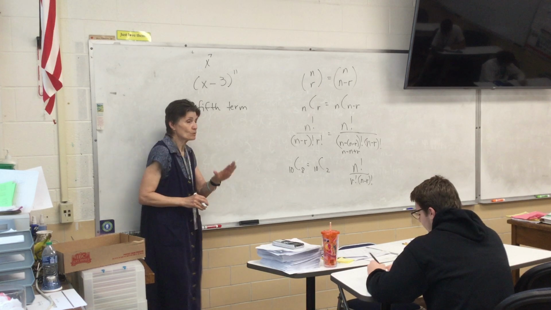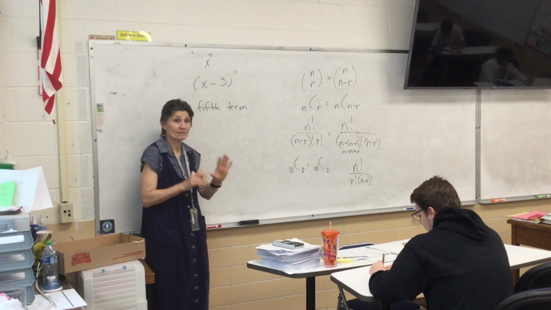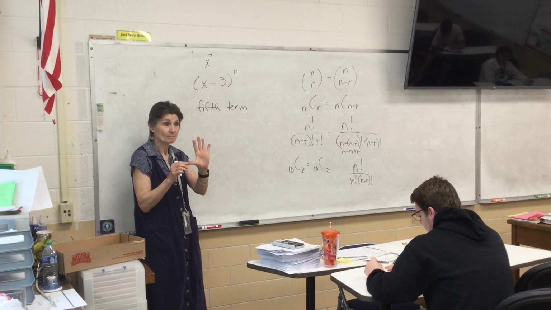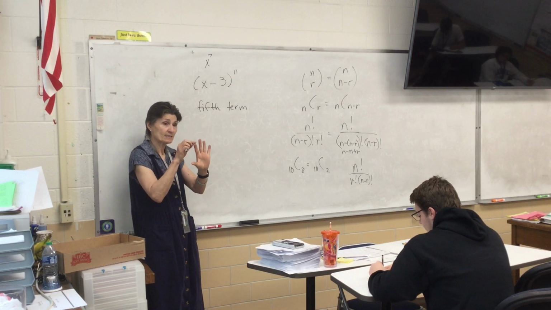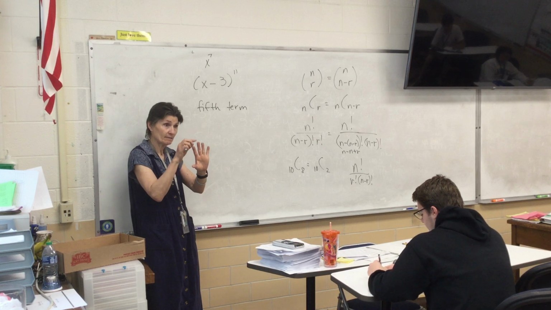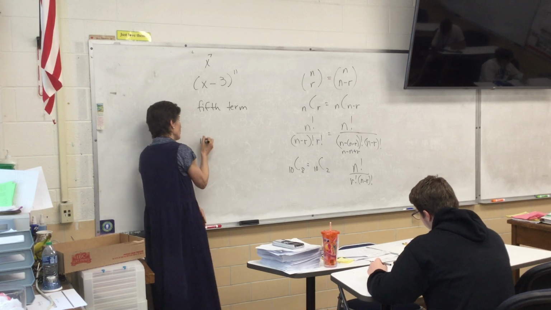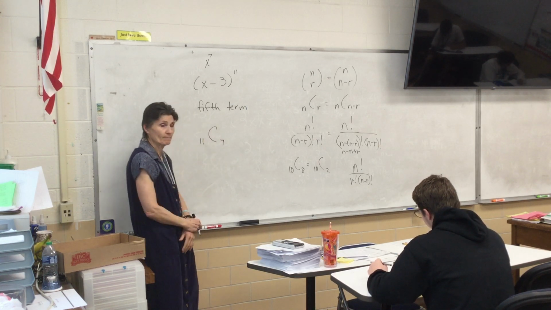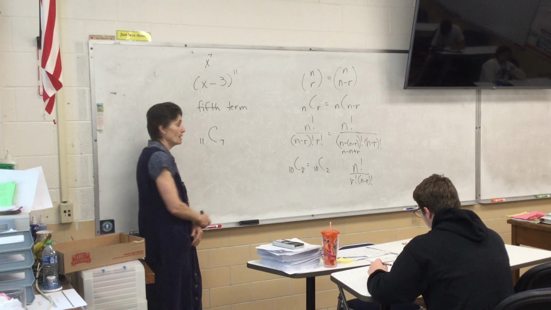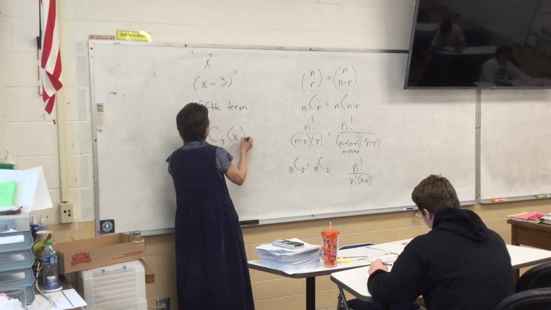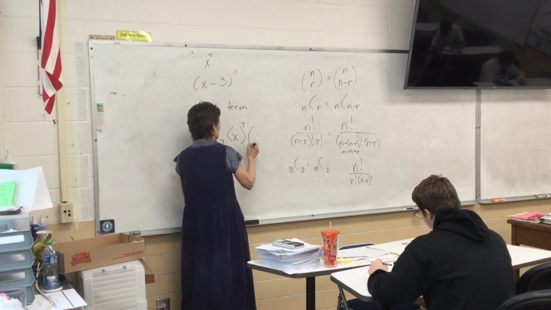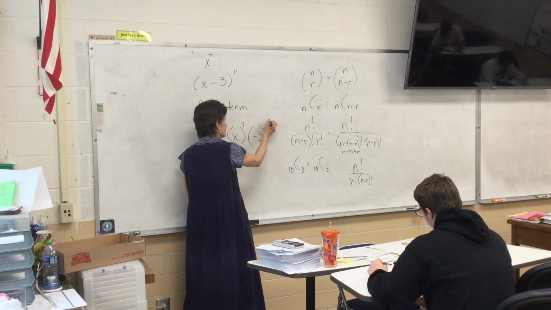Well, on the 1st term of the expansion, it's 11C11, 11C10, 9, 8, 7. The coefficient, 11C7. And then I'll have an x to the 7th and a negative 3 to the 4th.